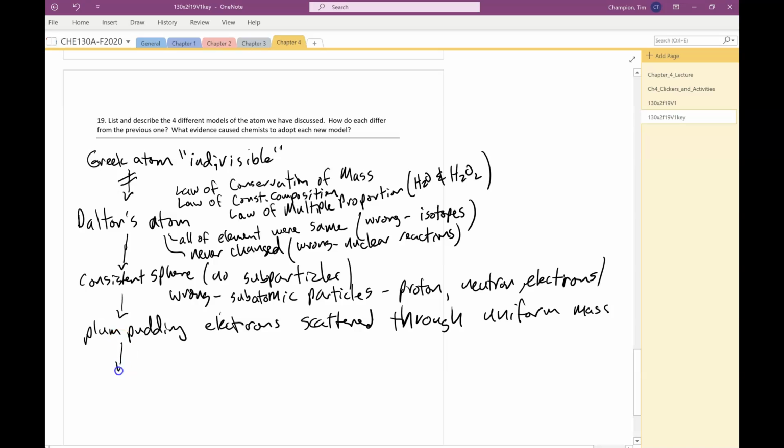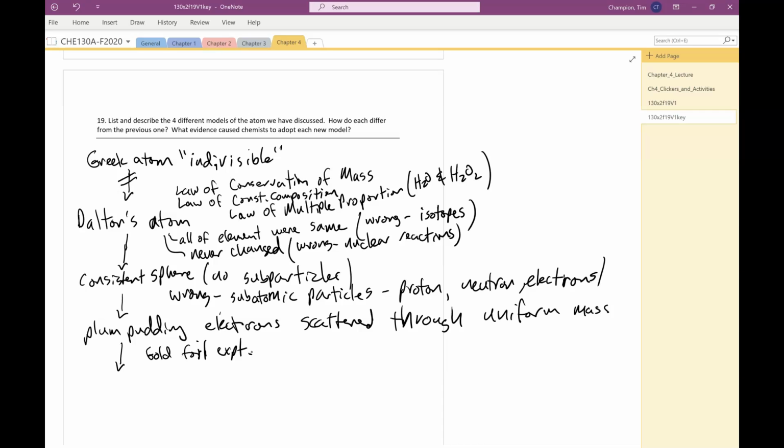And then the gold foil experiment, where beta particles were shot through a gold foil, and most of them went all the way through.